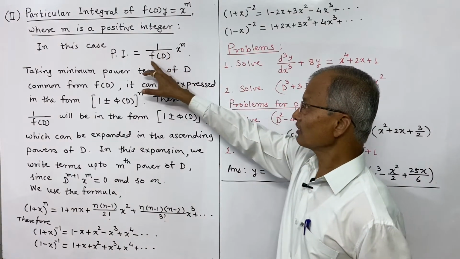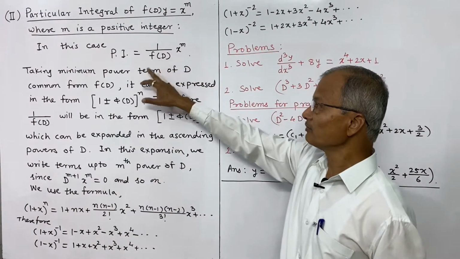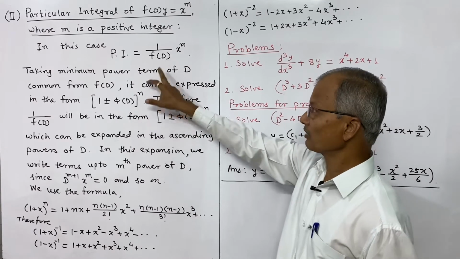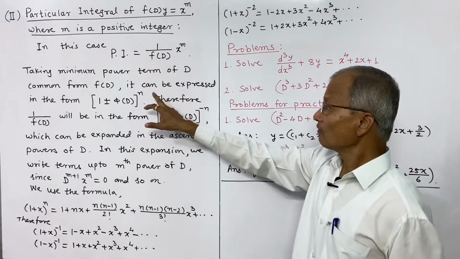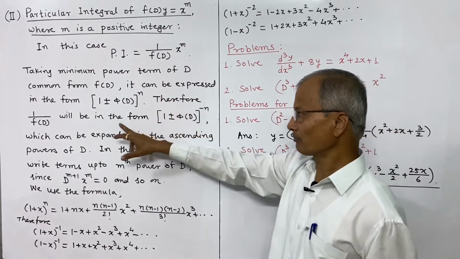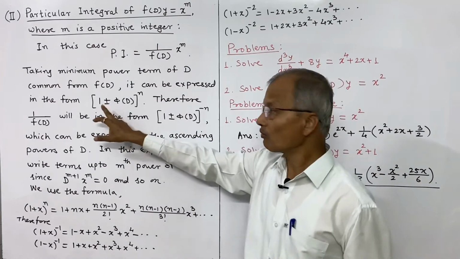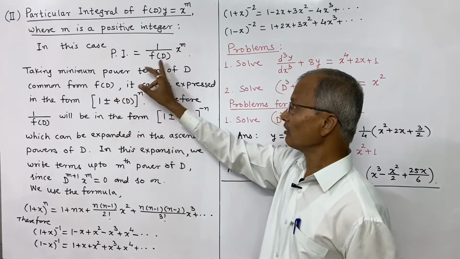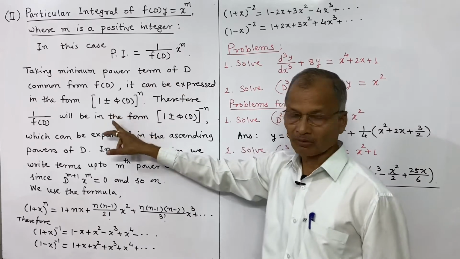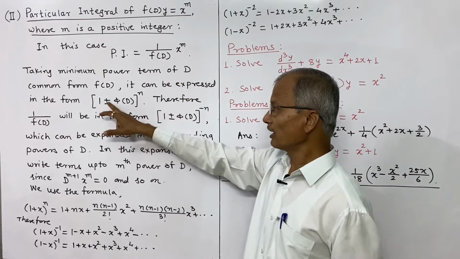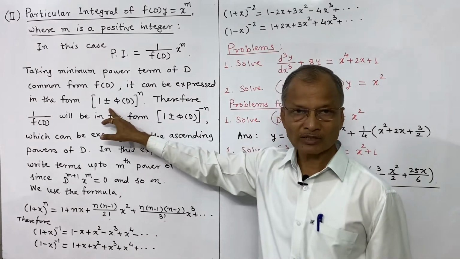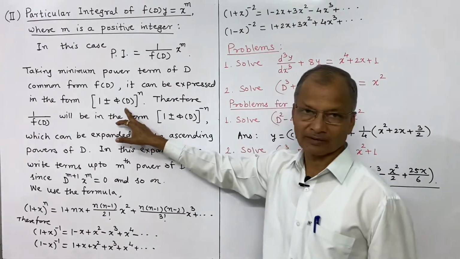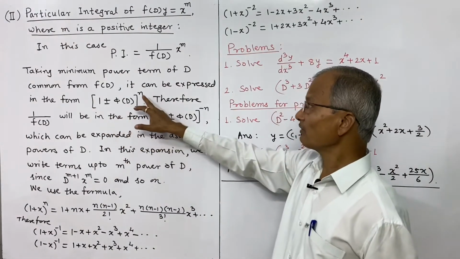And this we shall write in the form taking minimum power term of D common from this denominator f of D. It can be expressed in the form, not exactly but in this form: 1, if you take minimum power of D common or a constant common, then the first term will be 1 and remaining term may be either plus or minus some function of D, phi of D I have written, and power is n.